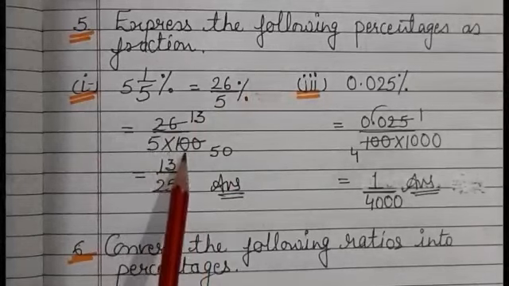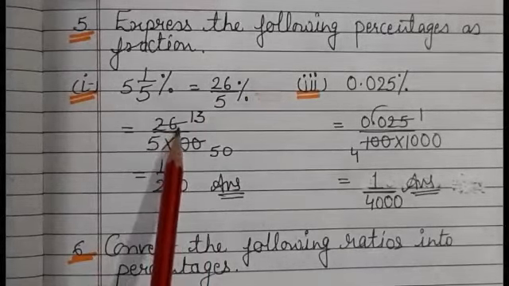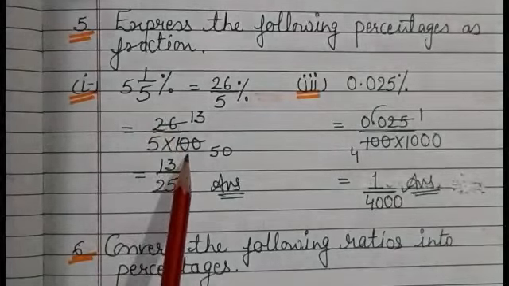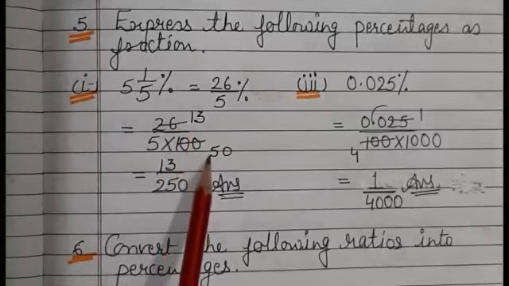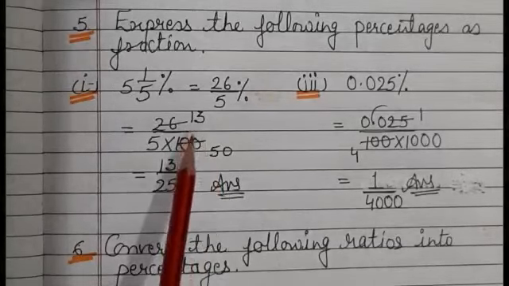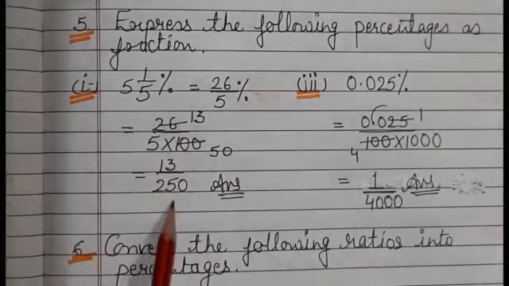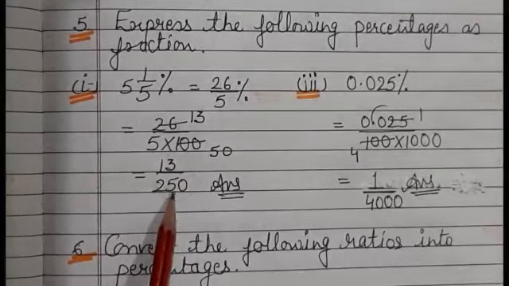So 5 into 100 we will write in the denominator and the numerator remains 26. Now cancel out numerator with denominator. 2 1s are 2, 2 3s are 6, 2 5s are 10, 0. So 13 by 50 into 5 will be 250. So the answer is 13 by 250. Right? It is in fraction form. Clear? Numerator upon denominator form.